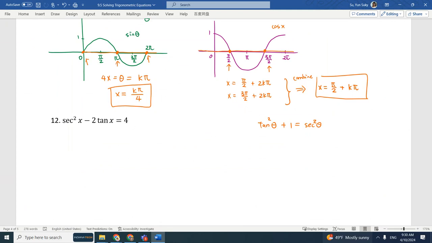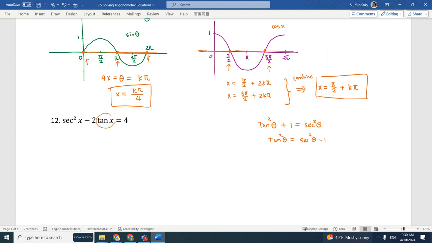Okay, now look at this one. Do you want to express the secant in terms of tangent, or express the tangent in terms of secant? Yes, very good. Because if you want to express the tangent in terms of secant, by the way, this is the alternate form, you subtract 1 on both sides.